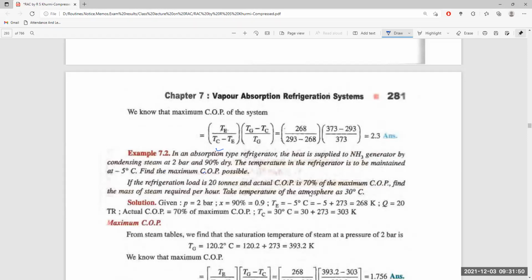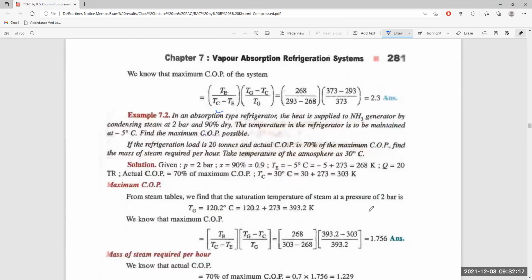Now, the load is 20 tons, the actual COP is 70% of the maximum COP, and TC, the temperature of the condenser, is here 30 degrees centigrade, 30 plus 273 is 303 K. Here the temperature of the condenser equals the temperature of the atmosphere, if it is not told differently.